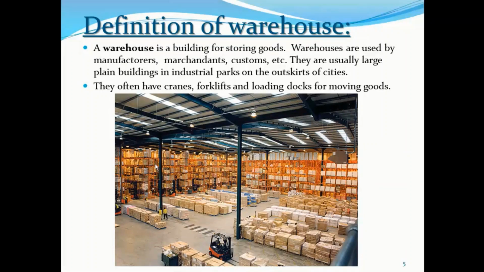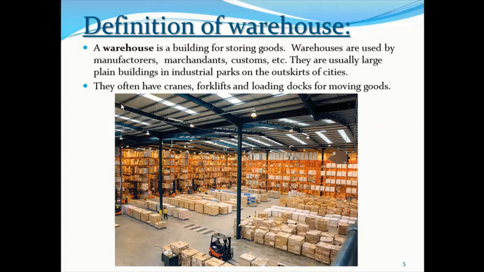The definition of warehouse. As we all know, there are famous warehouses like the Amazon warehouses, or Bosch, that use Industry 4.0. Anyway, a warehouse is a building for storing goods. Warehouses are used by manufacturers.